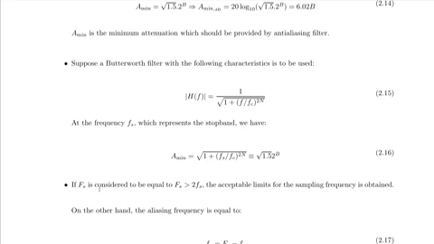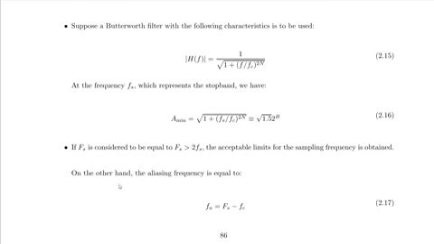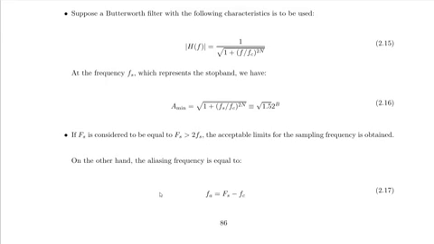If F_s is considered to be greater than 2 times the stopband frequency, the acceptable limits for the sampling frequency are obtained. On the other hand, the aliasing frequency in this case is F_a = F_s minus F_c.